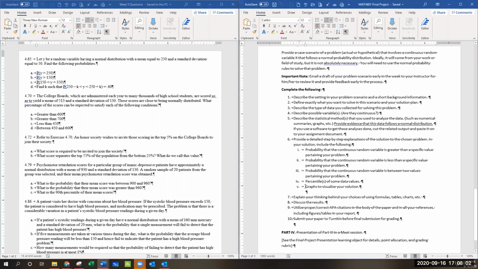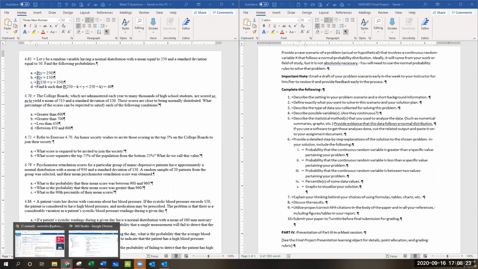And then graphs to visualize your solution. That is something that you guys will have to find online. There are numerous places online where you can get graphs of these things, but basically it's a graph of a normal curve that shows your solution.